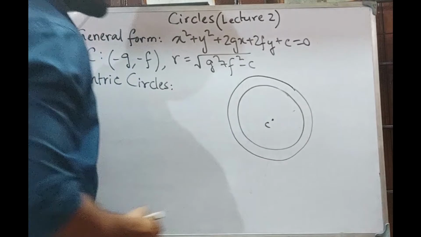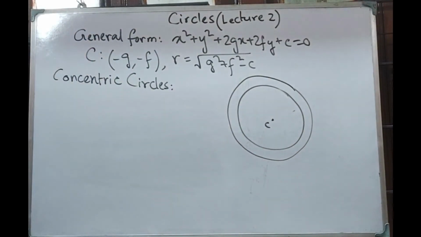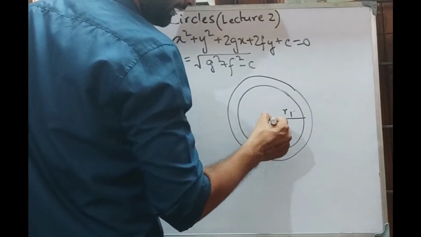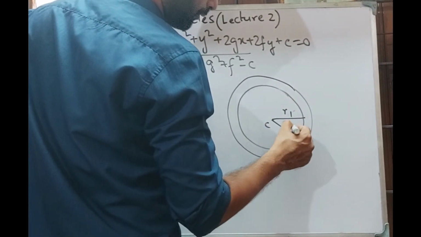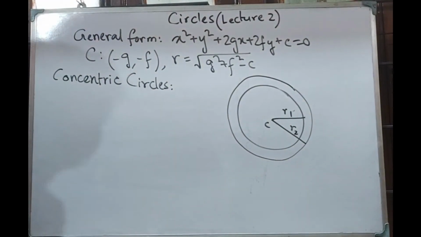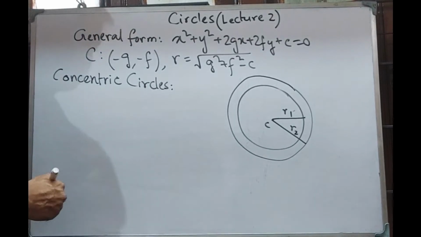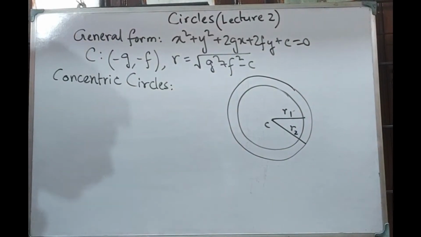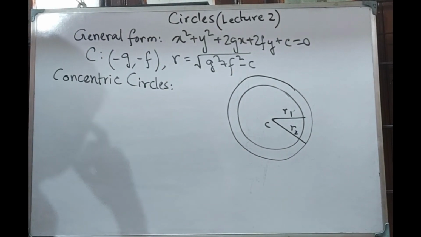So if the centers are the same, the radius may differ. If I take the inner circle with say radius R1, and the outer circle with radius R2, then obviously the inner circle is having a lesser radius and the same center. So this is the picture of concentric circles.